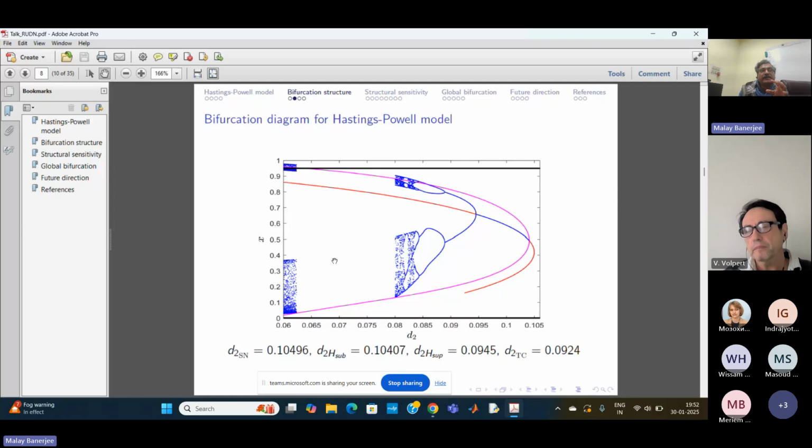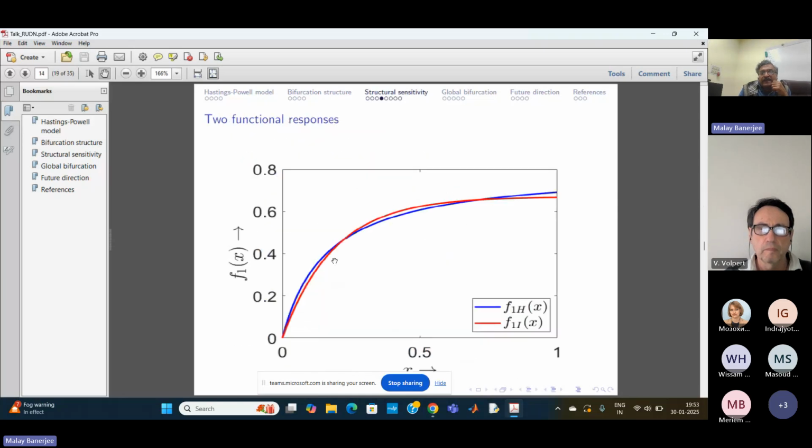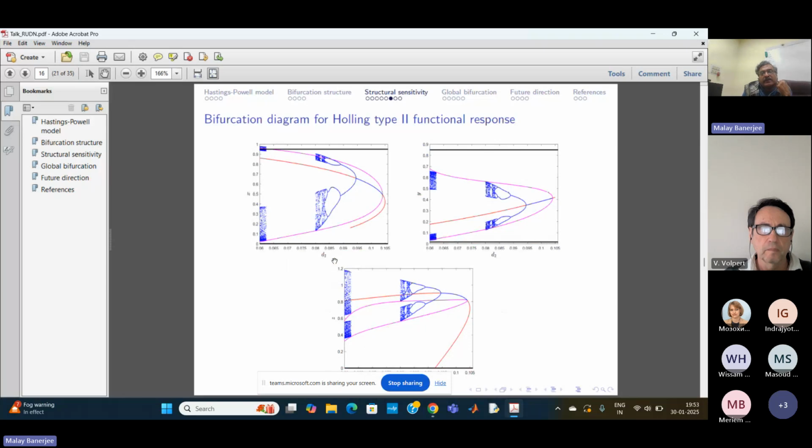Actually, that figure is not presented here, but your question is perfectly all right, and probably it would be better if we could show such a 3-dimensional diagram. Just from this figure we can try to understand. This is the component X of the chaotic attractor, this is the component Y, this is component Z, and these are the branches of the unstable limit cycle.